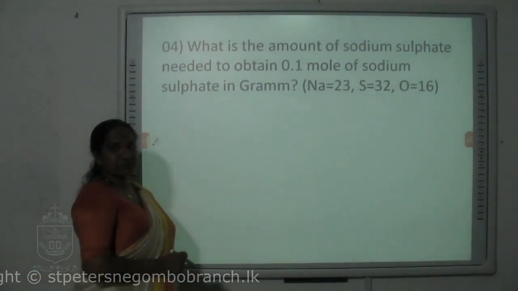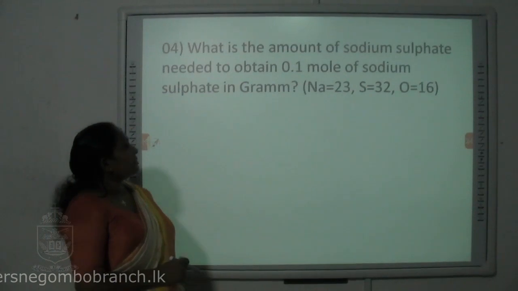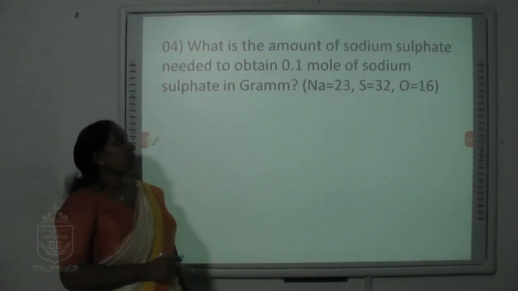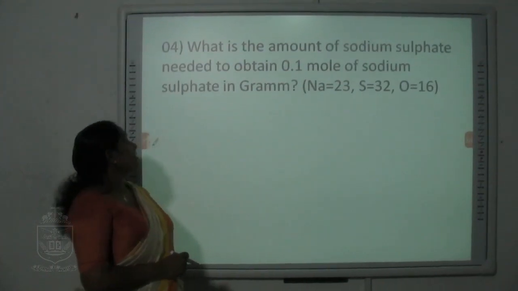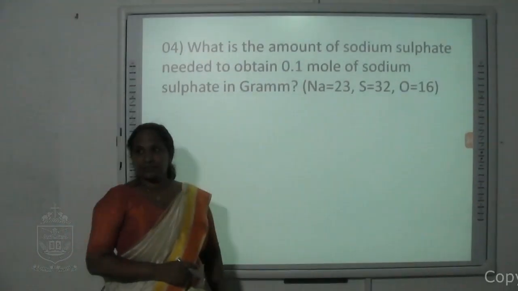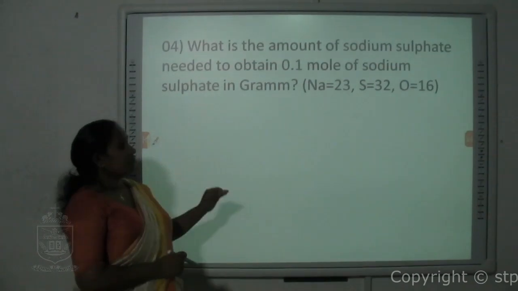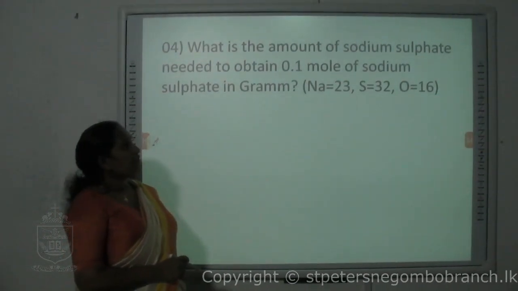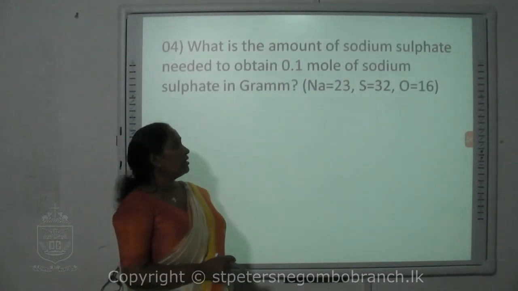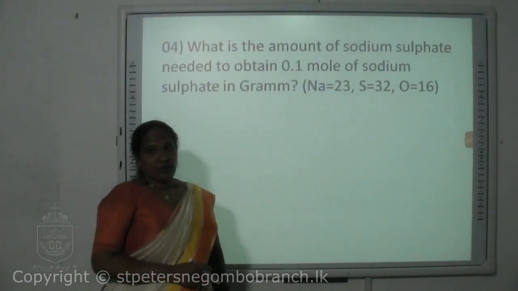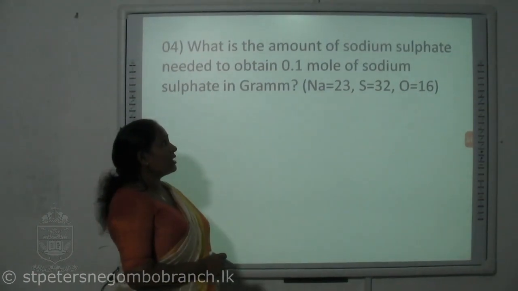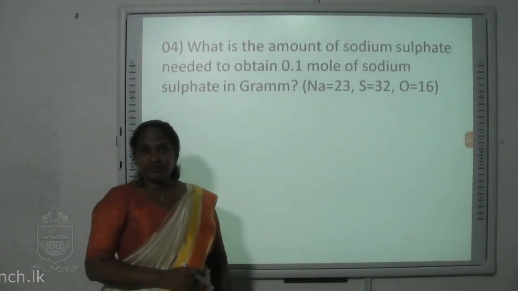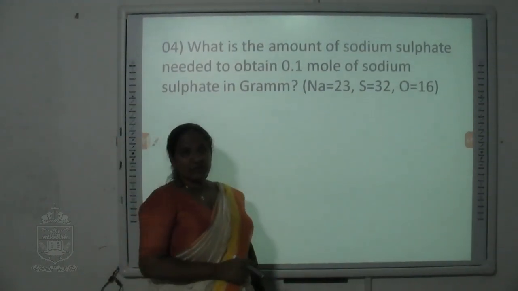Fourth question. What is the amount of sodium sulfate needed to obtain 0.1 mole of sodium sulfate in grams? Right? In this question, before doing it, we should know the chemical formula of sodium sulfate. In the second lesson, we discussed the way of writing chemical formulas. Sodium sulfate.